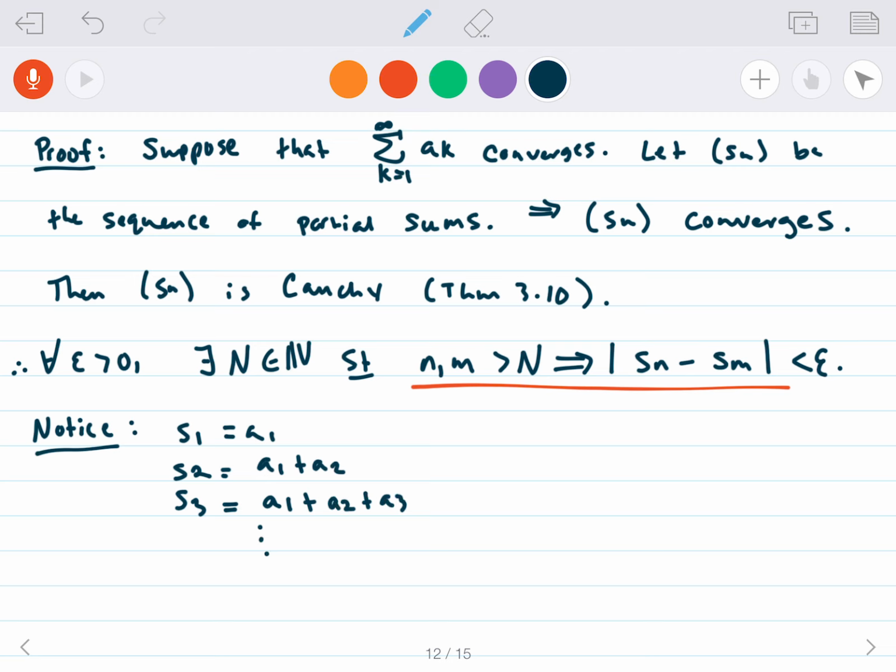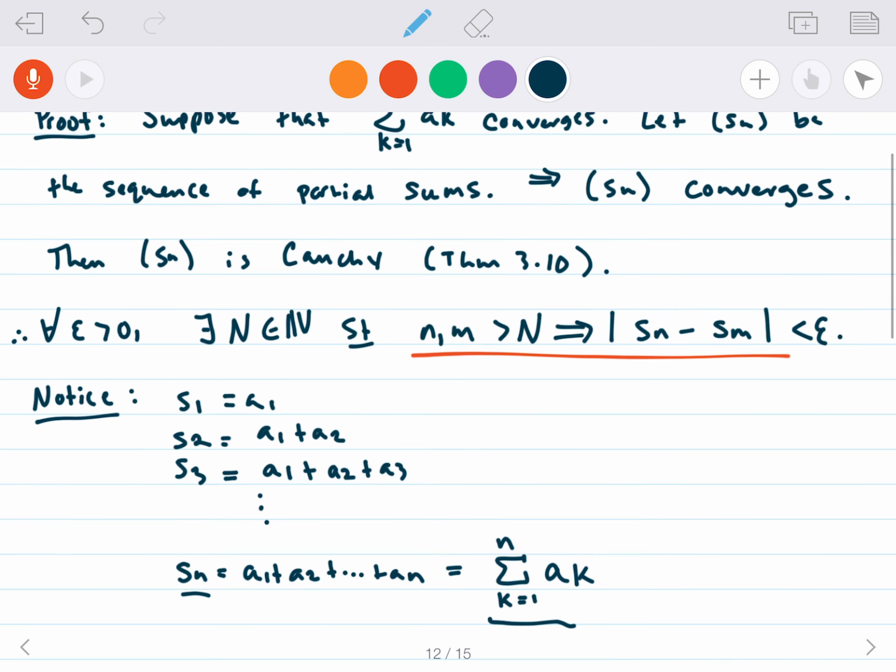In general, we have s sub n is equal to a1 plus a2 all the way to an. And so we can write this as a sum, the sum from k equals 1 to n of a sub k. Okay, so that's just what s sub n looks like in series notation. So we can replace that here in our definition.